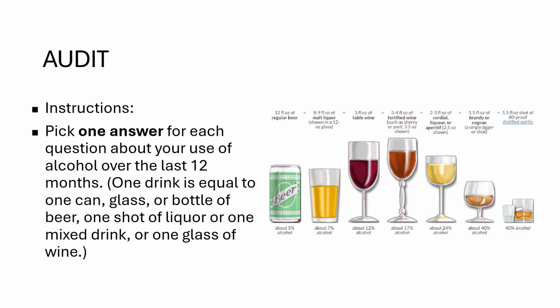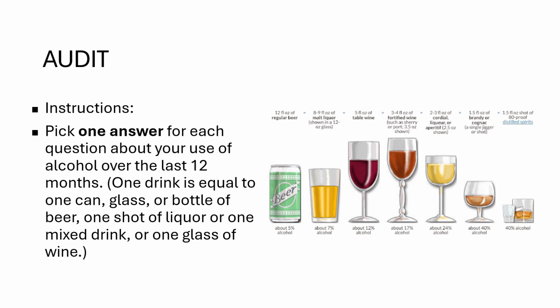One drink is equal to 1 can of beer, or 1 bottle of beer, 1 shot of liquor, 1 mixed drink, 1 glass of wine, and so on and so forth. So a 12-ounce can of beer is 1 drink. If you're drinking a tall boy that's 24 ounces, that's actually 2 beers.